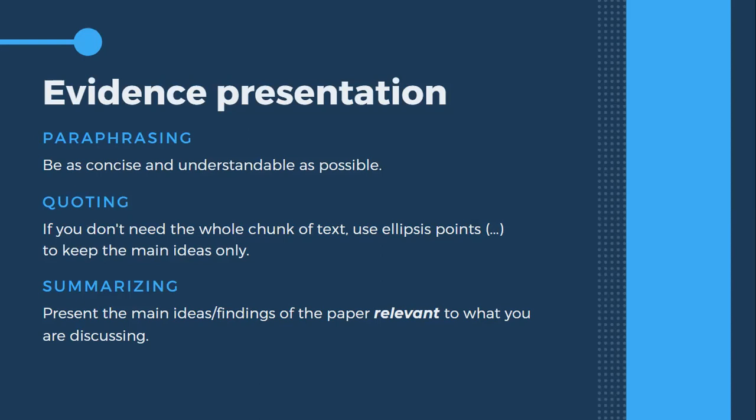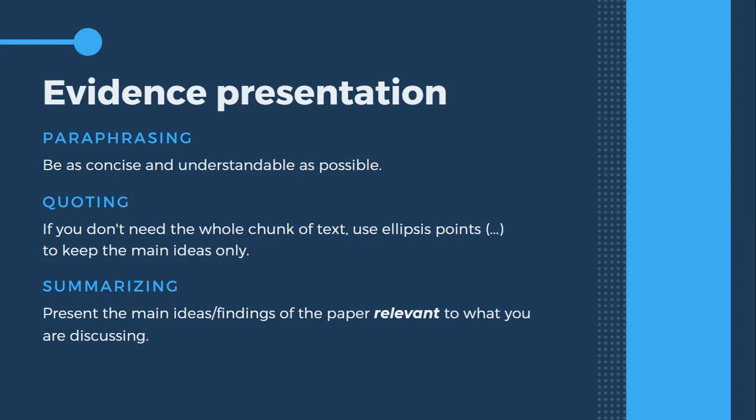Similarly, when we are summarizing, we often do this when we want to cite some conclusions or findings from a certain study or research paper, but we don't really need to summarize all of them, right? Sometimes a paper comes to several conclusions, but maybe only one or two of them are really relevant to what you are discussing.